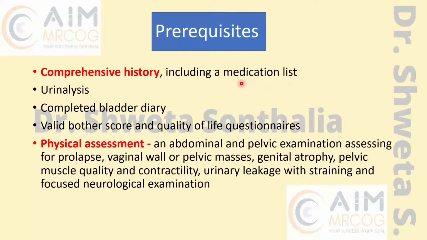Why is this important? Can anybody tell me which medications will present similarly to overactive bladder and to stress urinary incontinence? Which medication behaves as if she has overactive bladder? Antihypertensives, alpha blockers, diuretics.